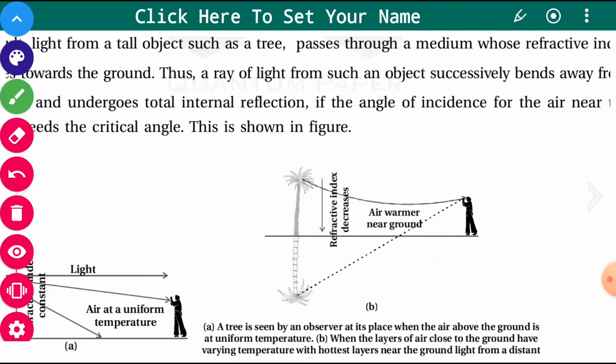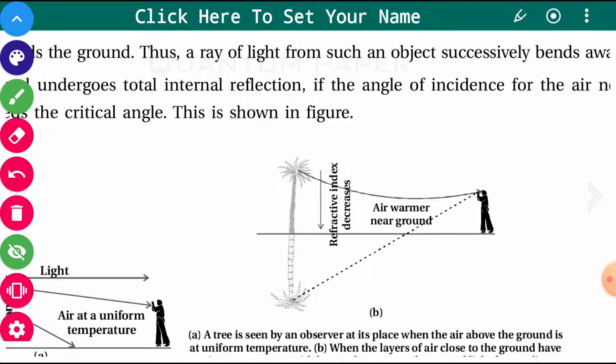You can see in this figure that the rays coming from the tall object continuously go away from the normal. Here the angle of incidence is less in comparison to this angle of incidence, and the refracted ray is always going away from the normal.